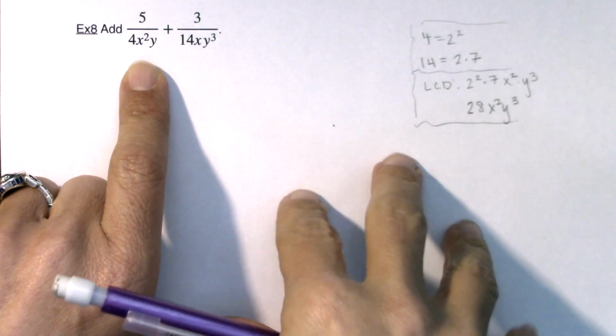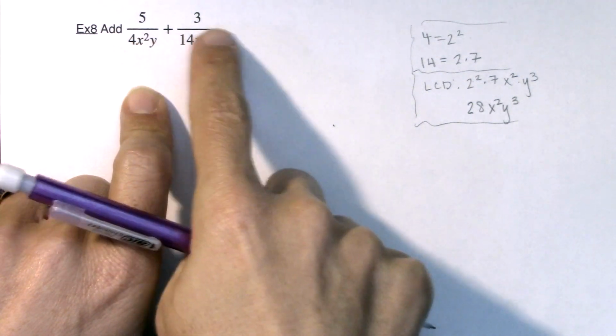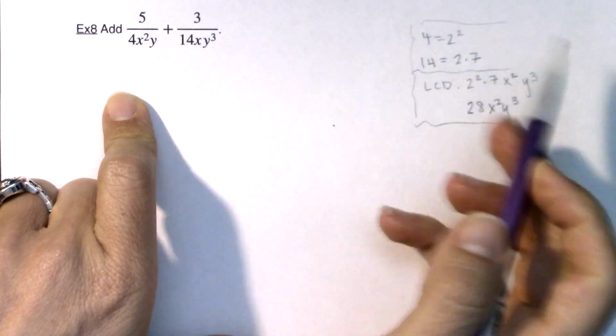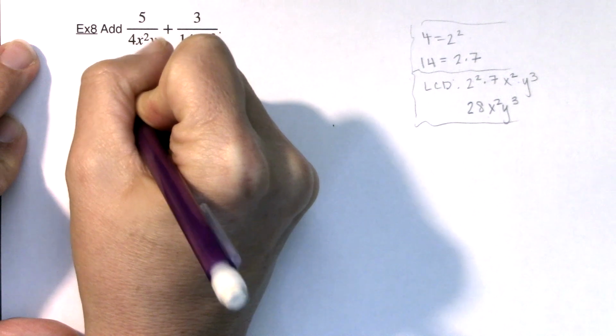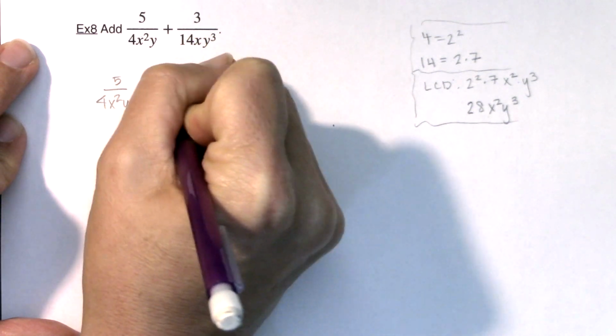And then what we want to do is multiply each of these fractions by the special version of 1 that they need to get their denominators equivalent to the least common denominator. So let me rewrite this first fraction, 5 over 4x squared y. And let's see what I need to multiply by.